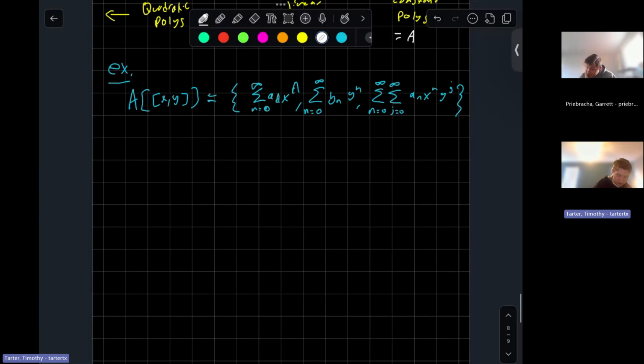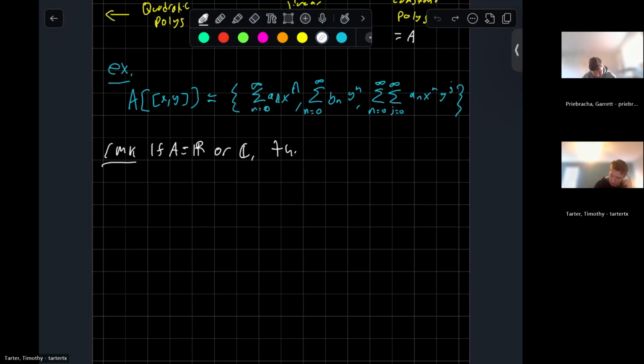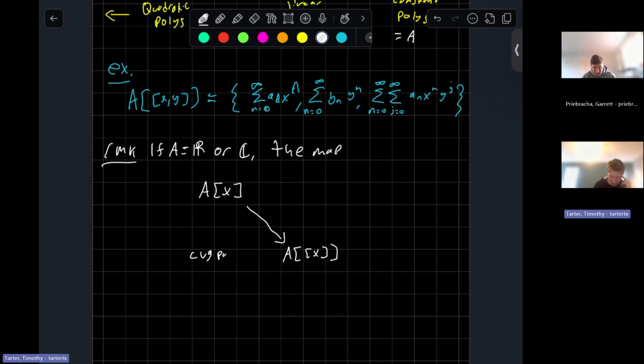And so as a remark, if A is the real numbers or the complex numbers, the map from A[x] into the power series of x maps through the convergent power series.